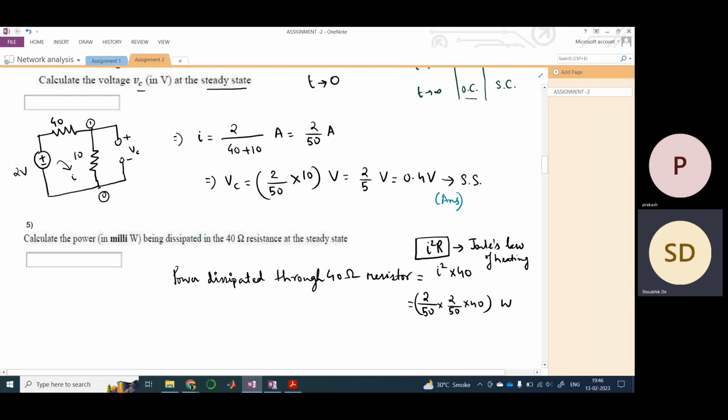This 5 would get cancelled, and obviously this 2 would also get cancelled. So this would be 8 by 125 watt.